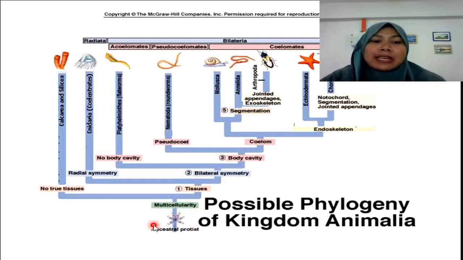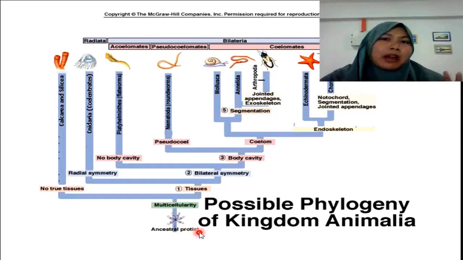This part you had been taught in Biology 1, Chapter 1, Origin of Cells, where it is believed that animals arise from ancestral protists, or ancestral eukaryotic and prokaryotic organisms. So I will not touch on that.